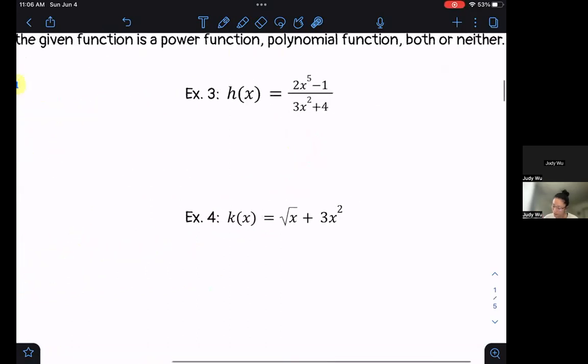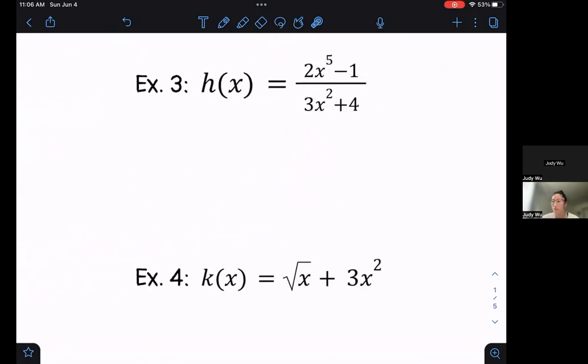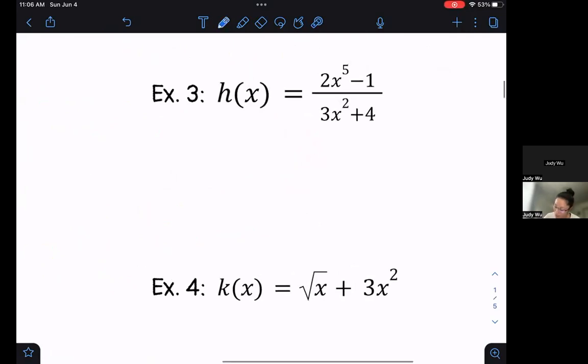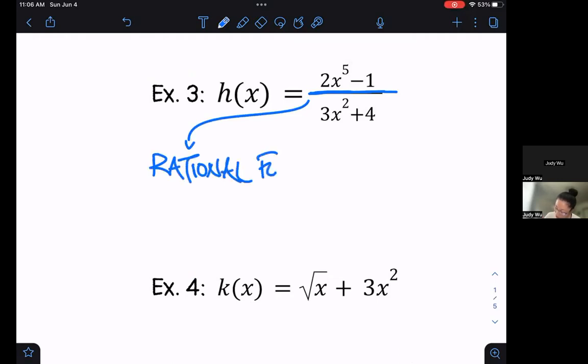All right, let's take a look at example 3 over here. So example 3, we have h of x equals 2x to the 5th minus 1 over 3x squared plus 4. Now, what I see here is this fraction line. And this fraction line tells me that what I have here is actually called a rational function. And we're going to take a look at that later on in a few days. Okay, this is a rational function.